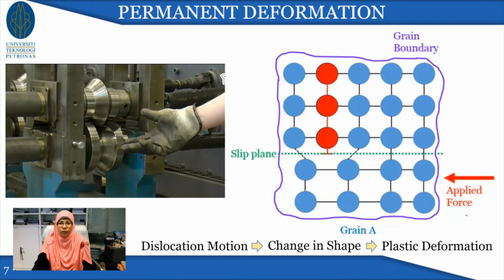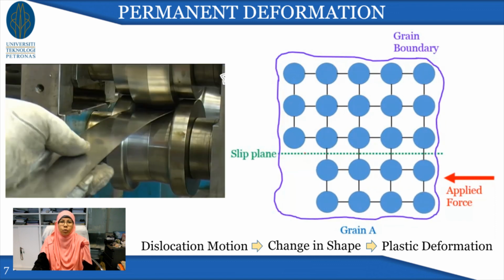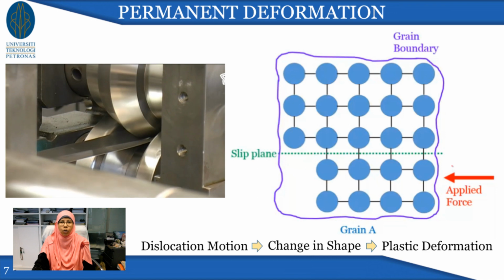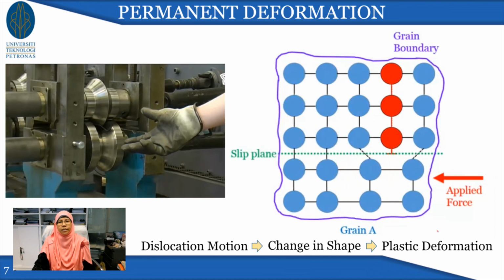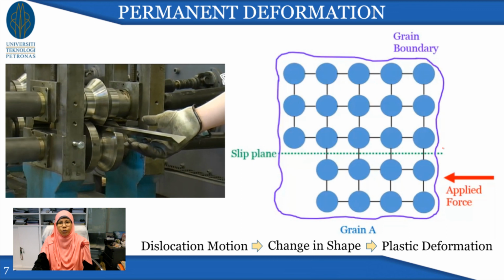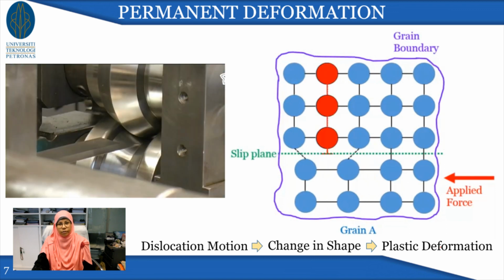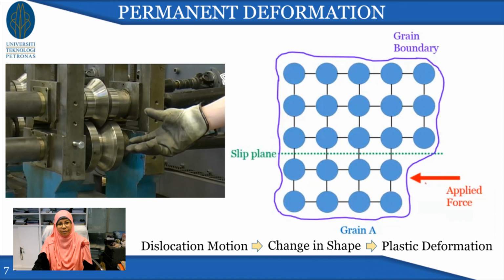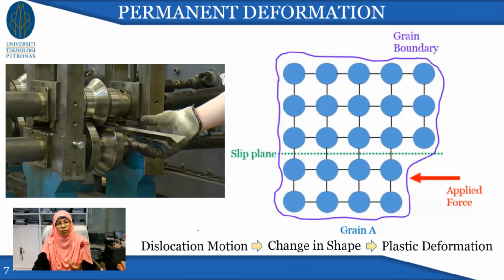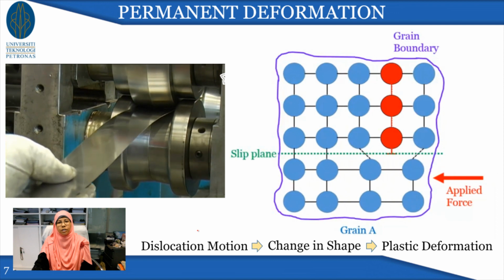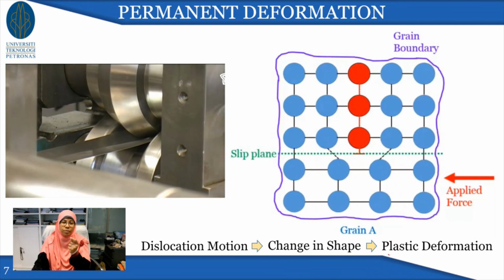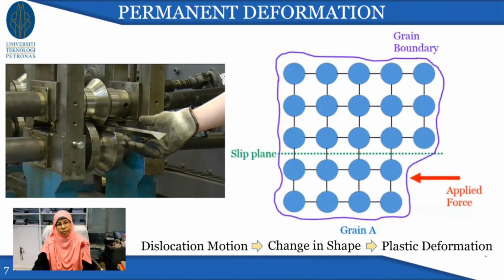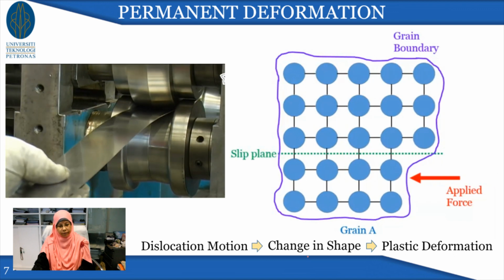As you apply the load, the edge dislocation moves from one side to the other, and finally you have changed the shape of the grain from the initial squarish shape into a distorted shape. So dislocation motion happens because you force it with the application of force, it changes the shape, and finally we achieve plastic deformation, meaning permanent deformation.